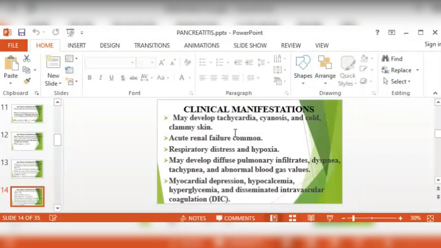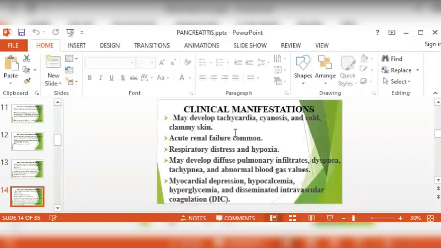And then there will be acute renal failure. But the acute renal failure happens if the acute pancreatitis is now graduating into chronic. Then there will be respiratory distress and hypoxia. Hypoxia means low oxygen level in the tissue.